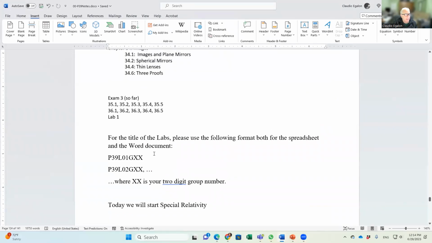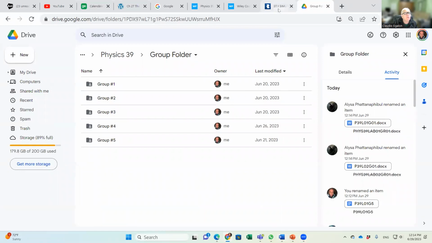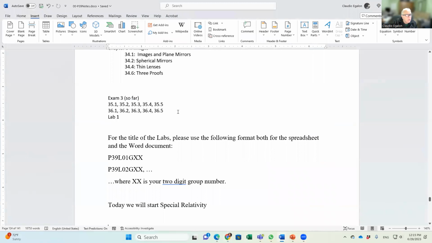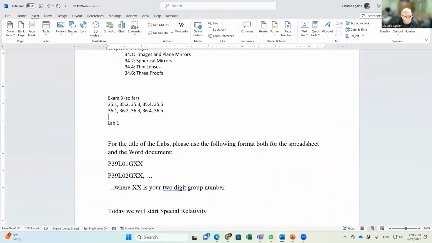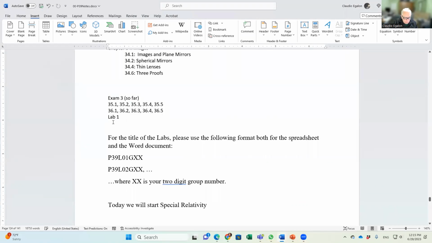Exam 3 so far. Since we're going to start relativity, that's chapter 37. Maybe I'll include relativity, maybe 37. It depends how far we go with relativity in today's class. But definitely lab 1 will show up in exam 3. Let's put that here.